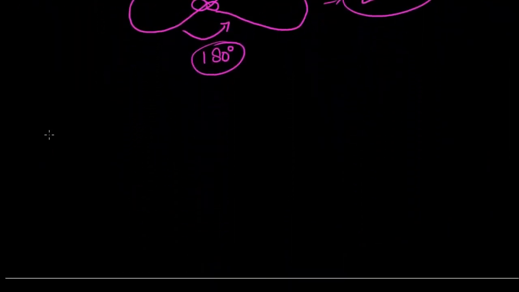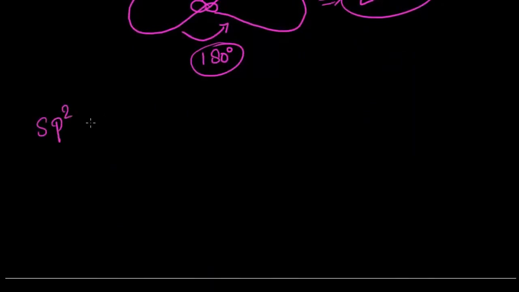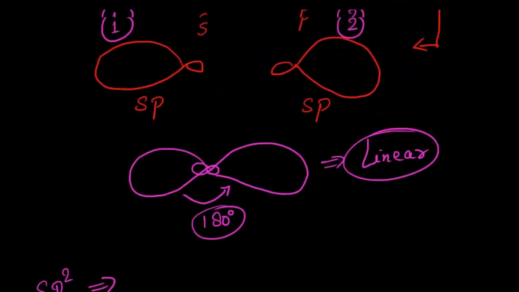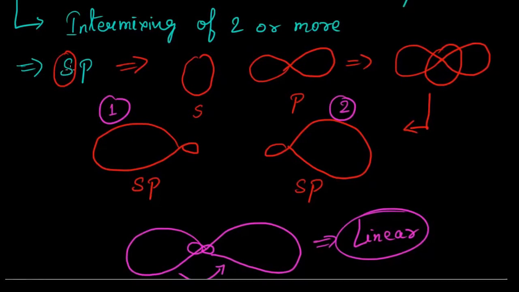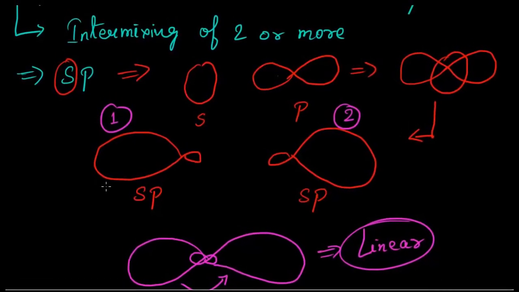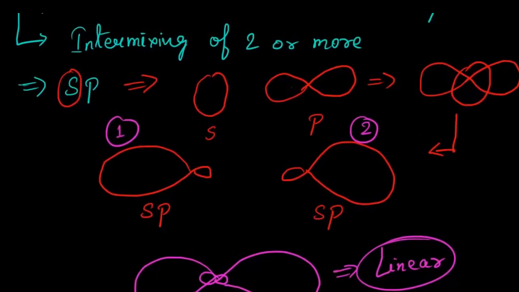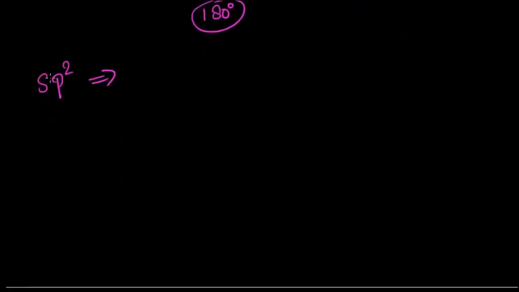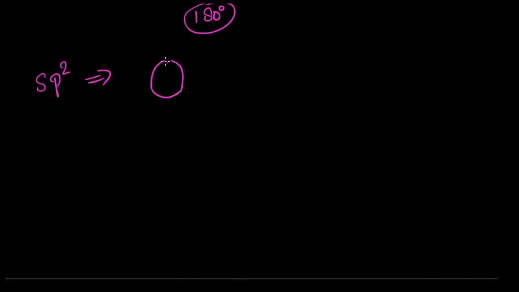Now let's talk about the other type of hybridization, which is sp2 hybridization. Here I have one s and two p. What happened in sp was there was only one s and one p, so we got two sp hybridized orbitals. Here, because the name is sp2, we'll have one s and two p orbitals.